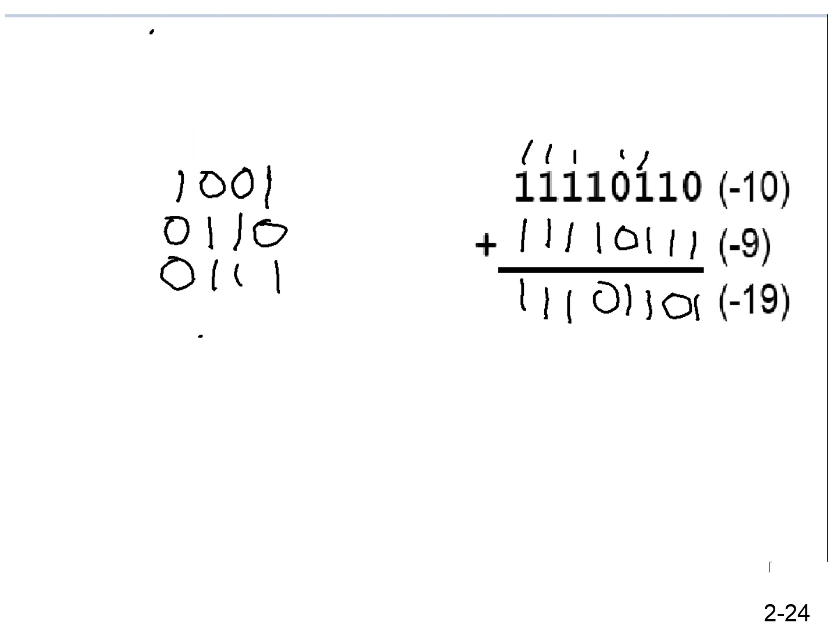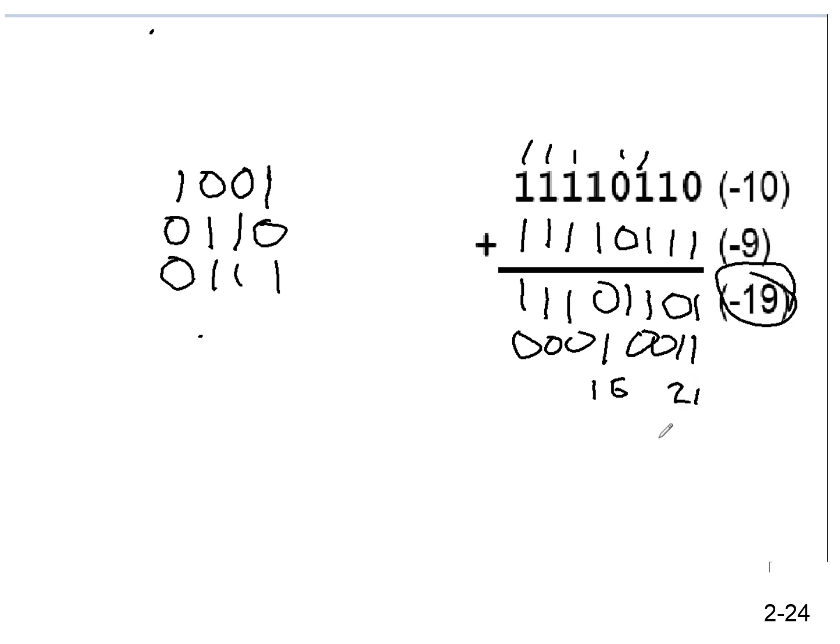So let's flip the bits. 0, 0, 0, 1, 0, 0, 1, 0. And add 1. So I'm going to cheat. I'm going to write the 1 right here. So we've got 1, 2, 4, 8, 16, 16, 17, 18, 19.